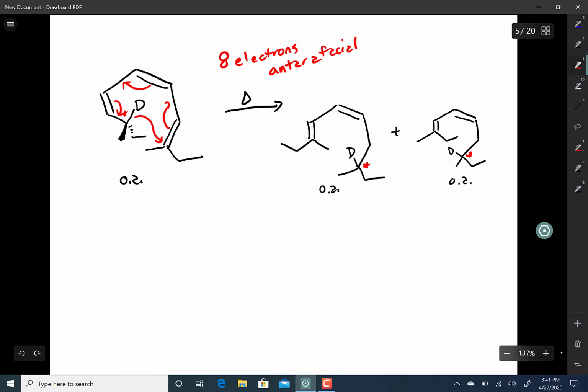And so if we rotate this molecule, this carbon-hydrogen bond right here, so that deuterium is a wedge, you get something like this.